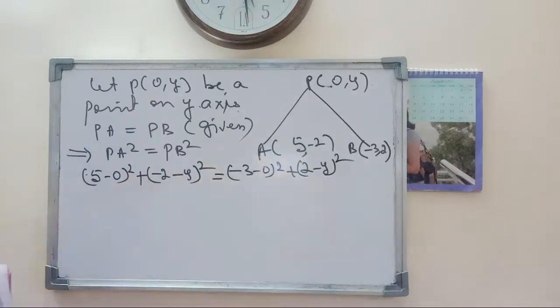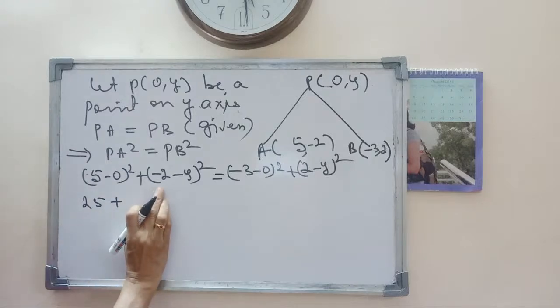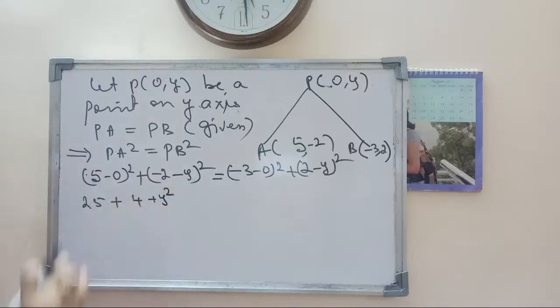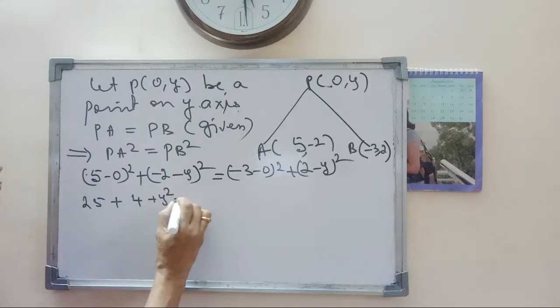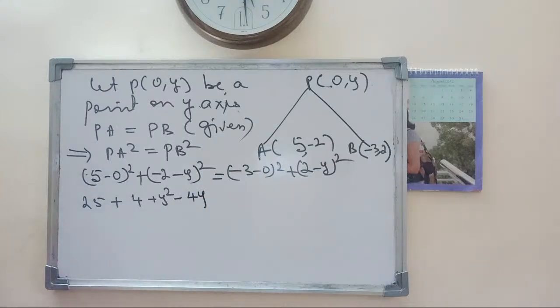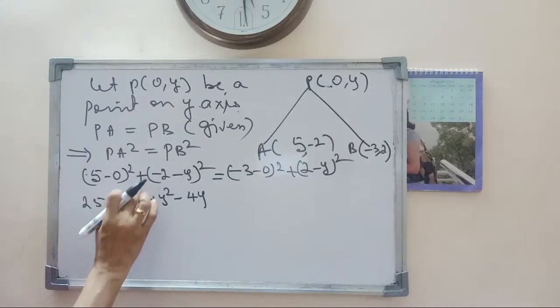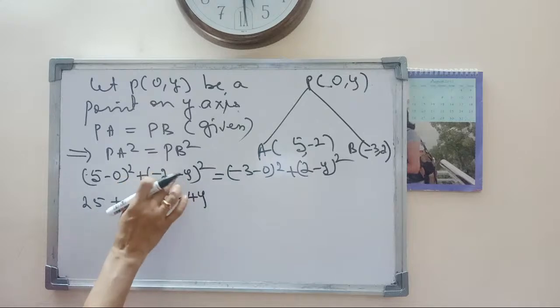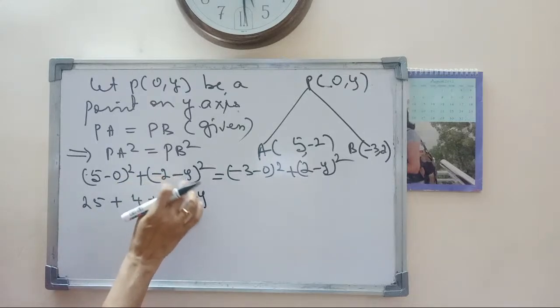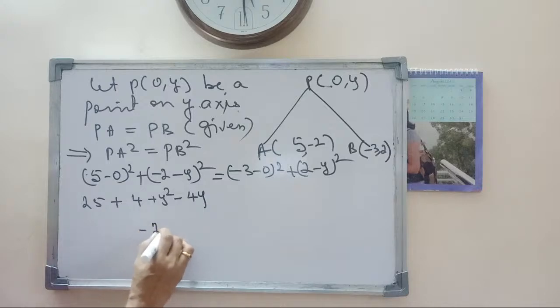Expanding LHS and RHS, 5 square is 25. Here please note down how I am going to expand. a square is 4, b square is y square, minus 2ab: minus 2 into minus 2 into y, you will get plus 4y. Is it clear?